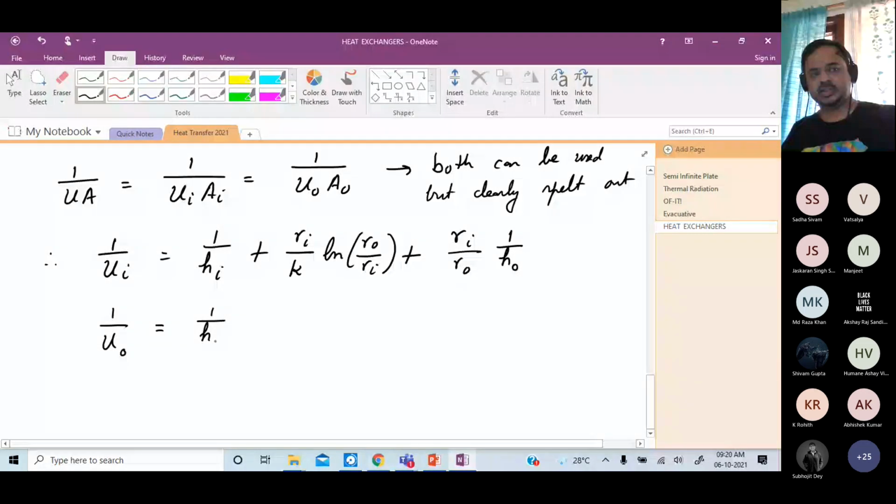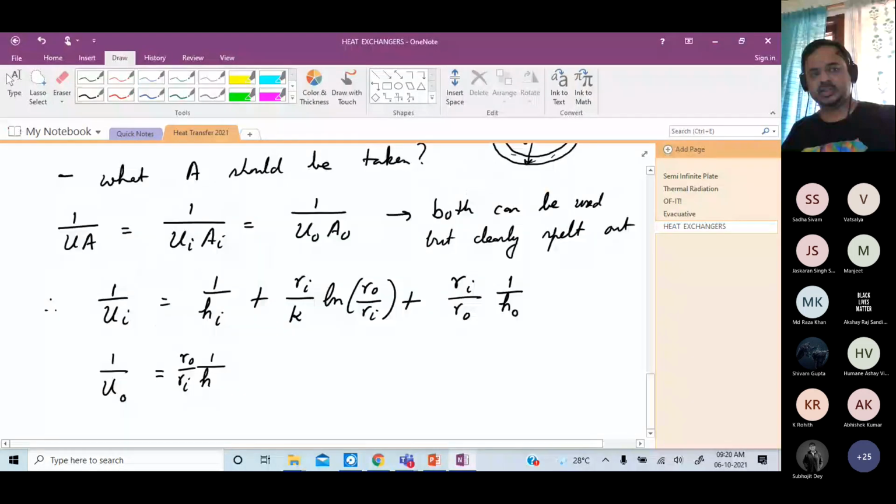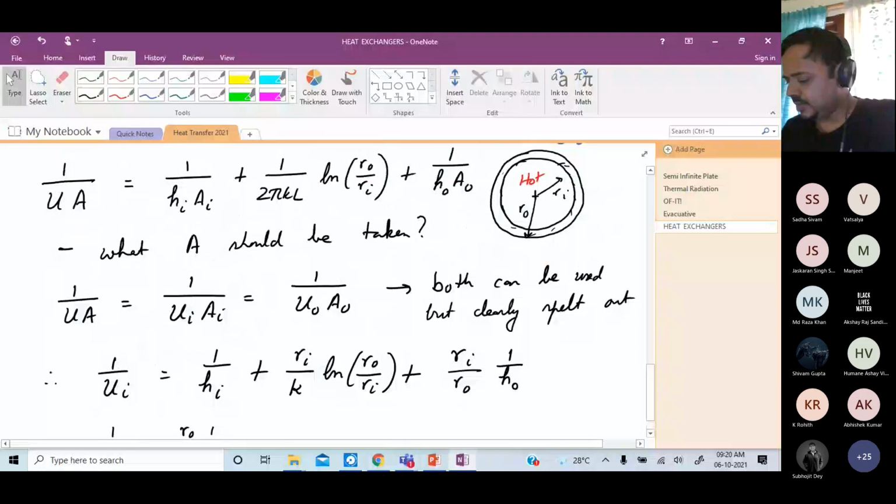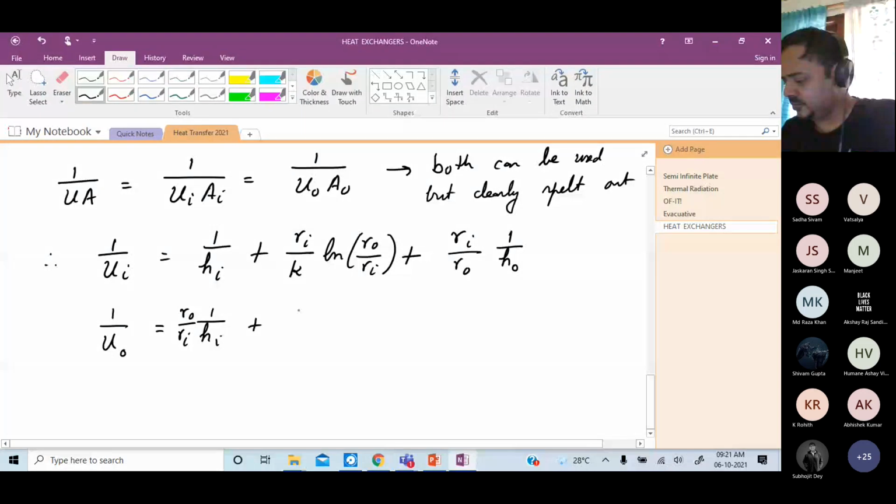So 1 over U_o is r_o over r_i h_i, plus r_o over k, plus 1 over h_o. Both are correct.